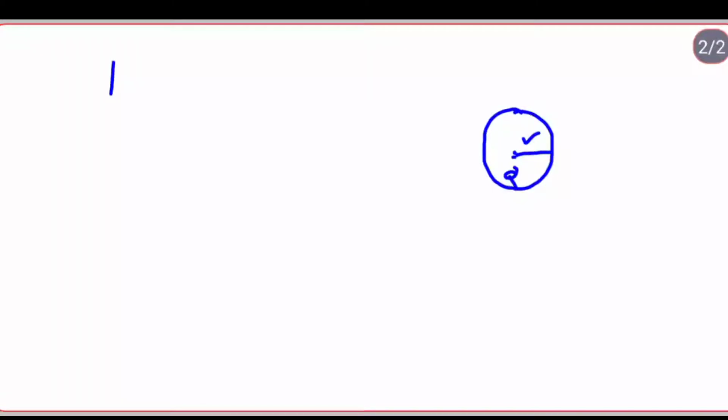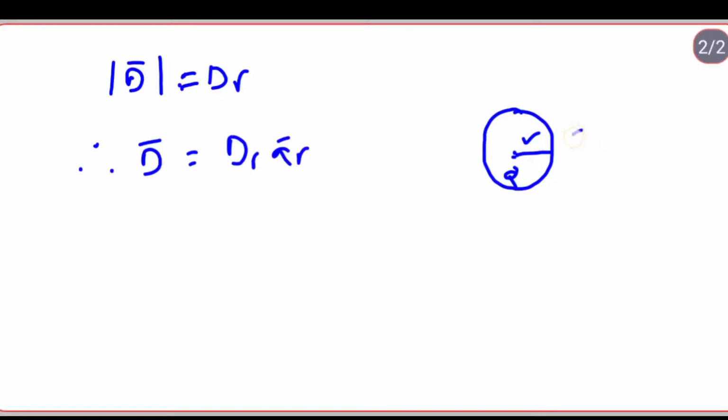Therefore the electric flux density vector can be written as Dr ar, where ar is the direction, in the spherical coordinate system. Make it equation 1.